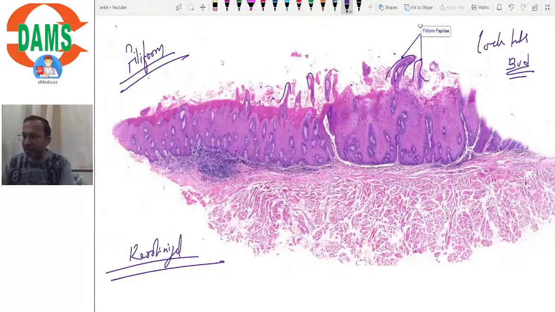They appear as hair-like extensions. Such spiky extensions are seen, right? So that's why they appear hair-like, and that's why they are known as filiform papillae.